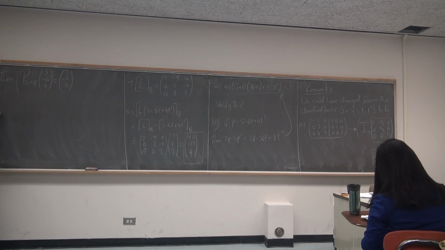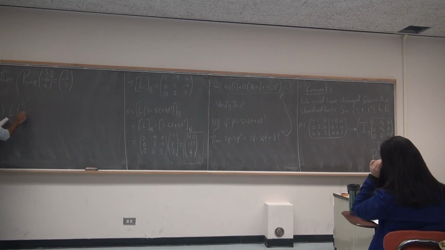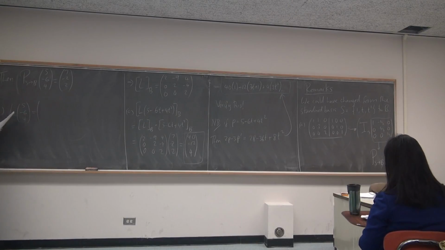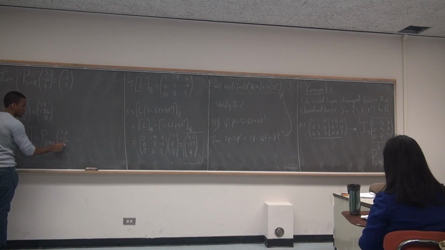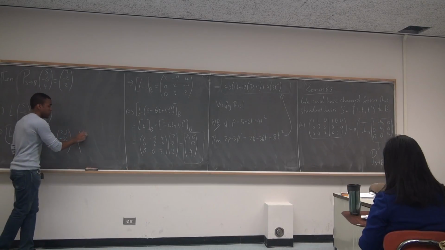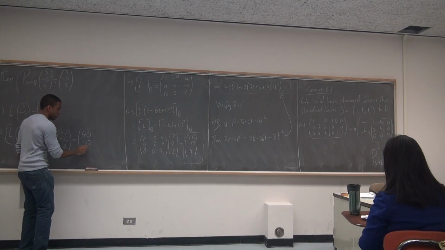And for part C, I could have done the following. I could have found L of 5, minus 6, 4. The output of that would have been 28, minus 36, 8. Then to translate this to B, I would just take the transition matrix from the standard basis and multiply by that. And we would have ended up with the answer, 40, minus 12, 4.